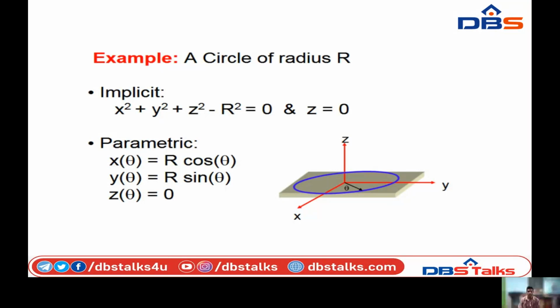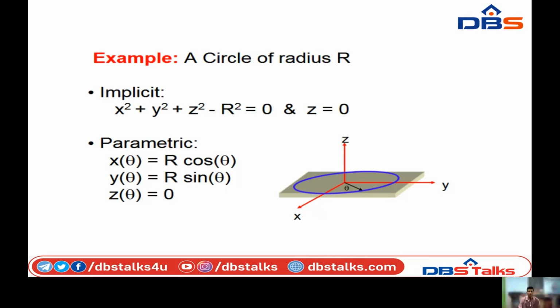When it comes to the parametric equation, the implicit on the top side is related to non-parametric. When it comes to parametric, we are doing statistical distributions here. X of theta, y of theta, z of theta, that means direction for all three coordinate axes. Here I am taking coordinate points and the angle will be theta.